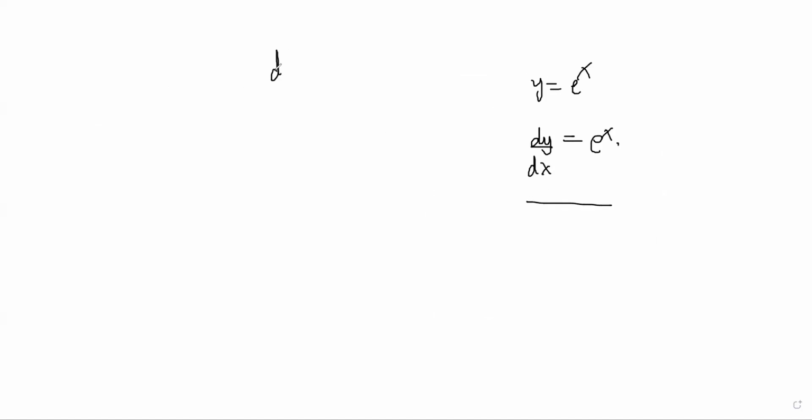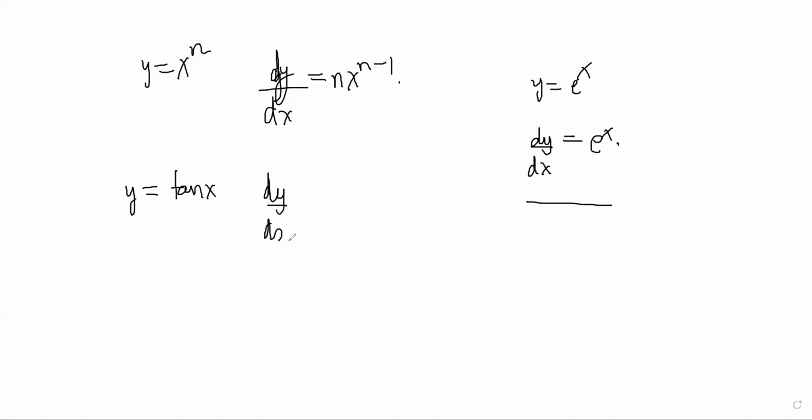If y is equal to x power n, dy by dx is equal to n x power n minus 1. Similarly, if y is equal to tan x, then dy by dx is equal to secant square x.